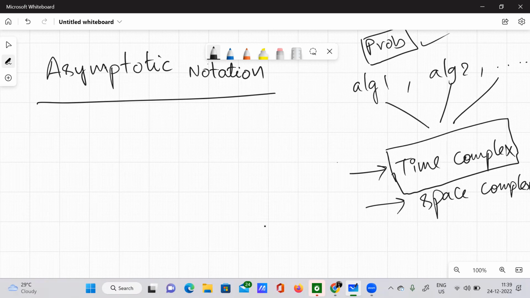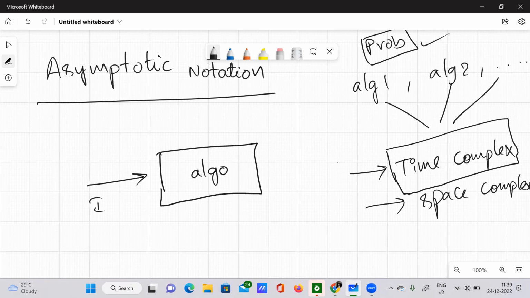So now, for example, let's imagine this is my algorithm. Okay, this is my algorithm. And now this is my input data. So if you pass some kind of input, in return you will get some kind of output.